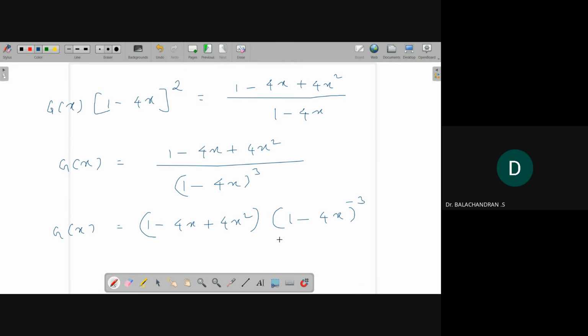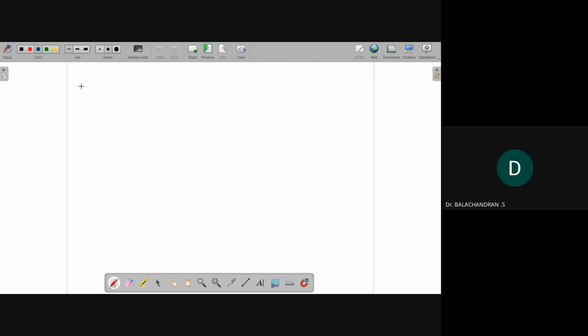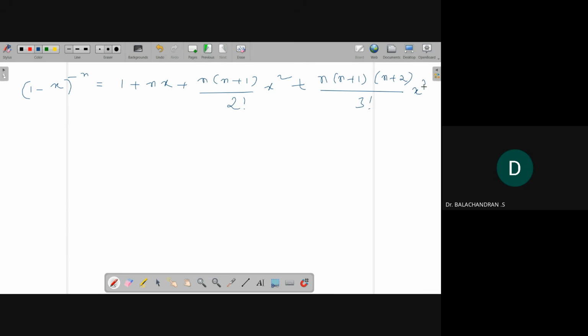So now before going to expand this one, maybe you know the 1 minus x whole power minus n formula, which is equal to 1 plus nx plus n into n plus 1 by 2 factorial into x square. Next term is n into n plus 1 into n plus 2 by 3 factorial into x cube, and so on.